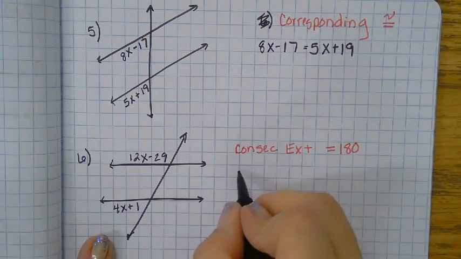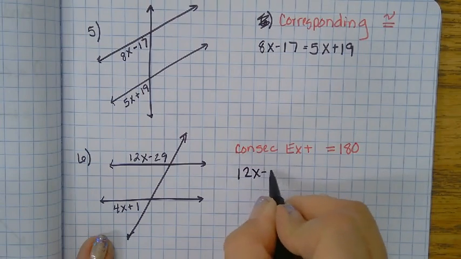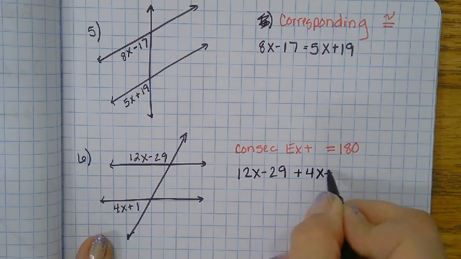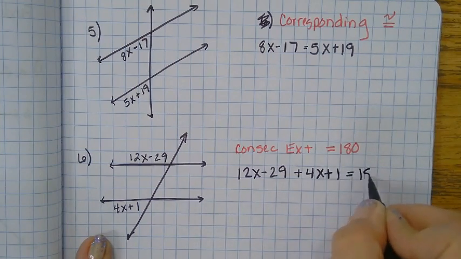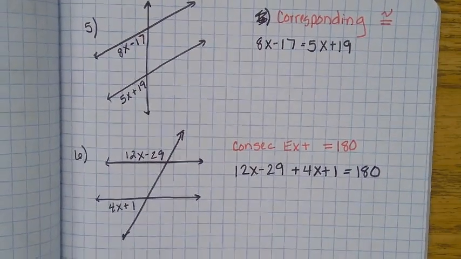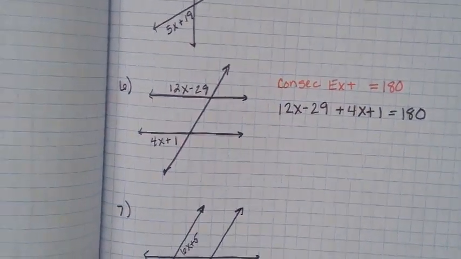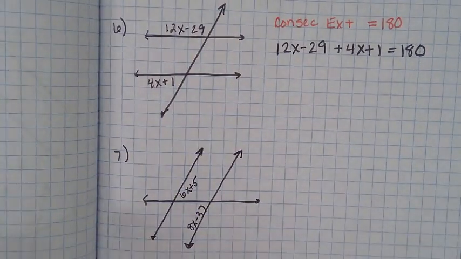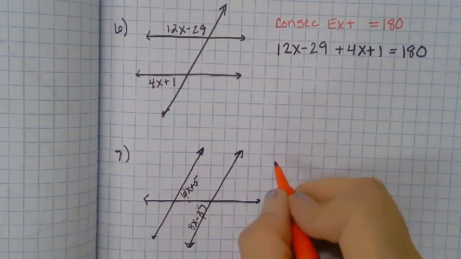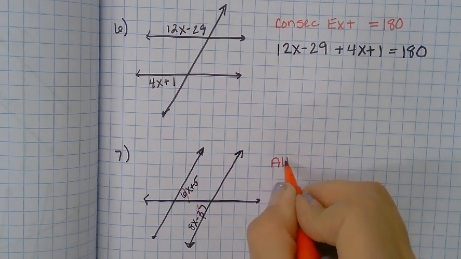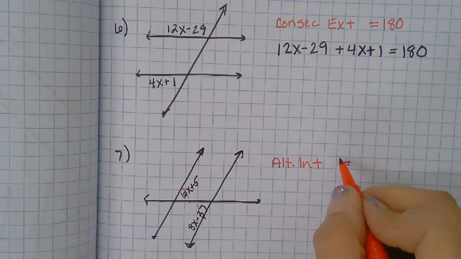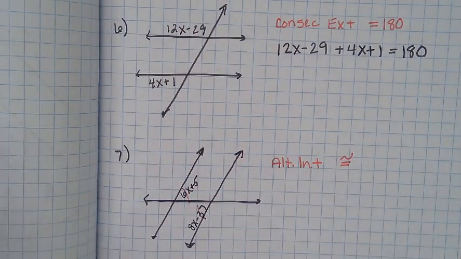So your equation is going to be 12x minus 29 plus 4x plus 1 equals 180. And then number 7, what kind of angles are these? Alternate interior. Are they equal or do they add to 180?